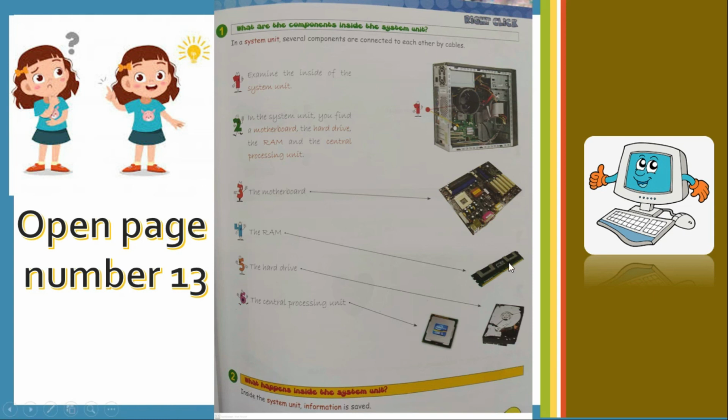What do we use those parts for? Now it's important to know information about RAM and hard drive. They are for saving information.